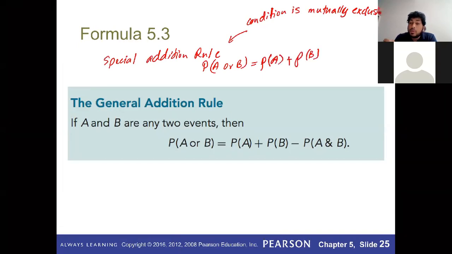If they are mutually exclusive, you can simply use this special addition rule. But in the general addition rule, they haven't mentioned that they are mutually exclusive. A and B are any two events.